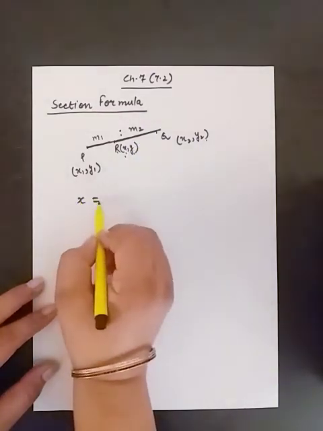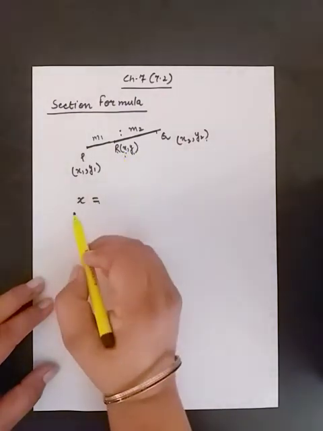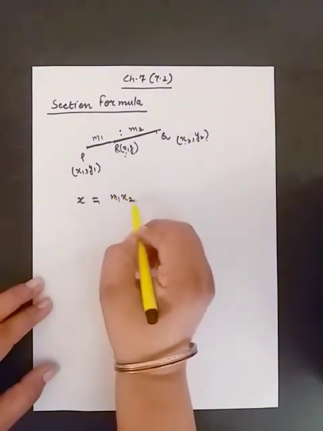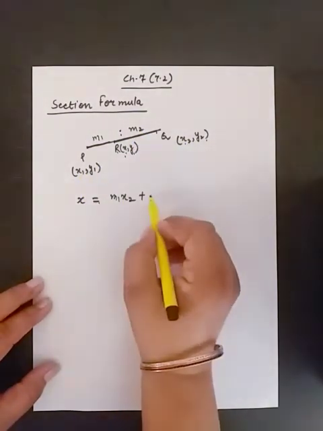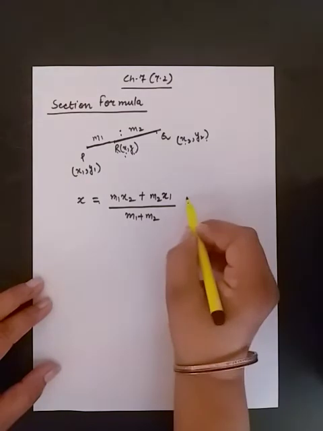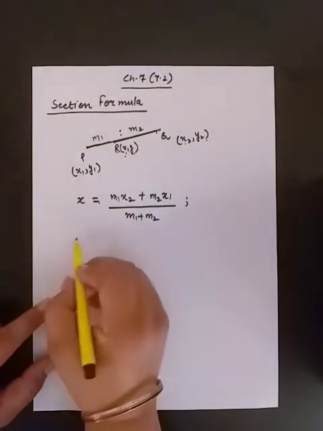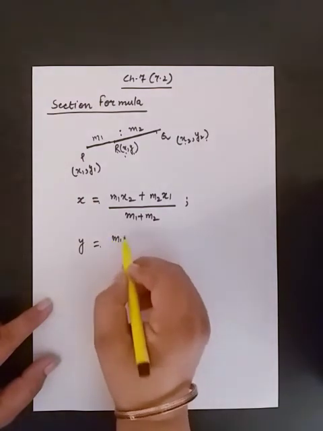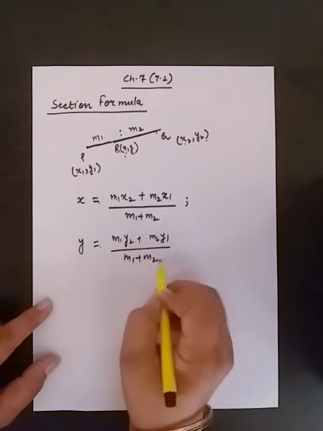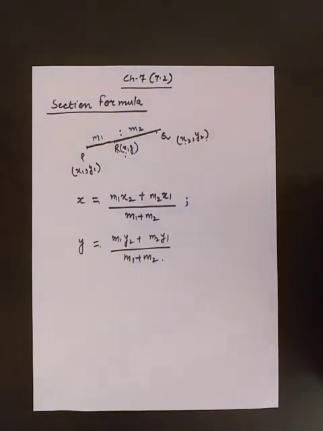So the abscissa of this point is given by x is equal to, first ratio multiplied by second abscissa, m1 x2 plus second ratio times first abscissa, m2 x1, divided by the sum of ratios. So this is the formula to find the abscissa. Similarly for the ordinate, m1 y2 plus m2 y1 by m1 plus m2. So this is your section formula and it will be used to find the coordinates of a point which is dividing a given line segment in some ratio.